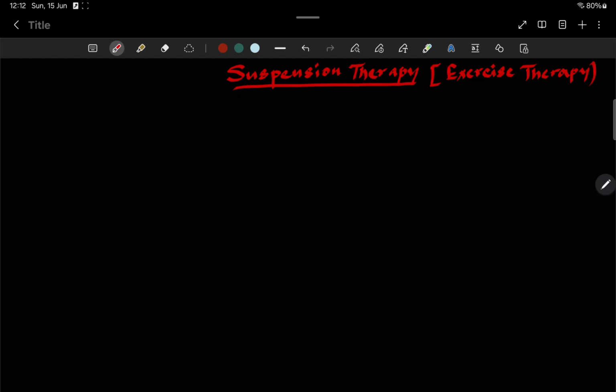In this suspension therapy, we will broadly discuss the topics related to suspension therapy. First is the definition, or what is suspension therapy.